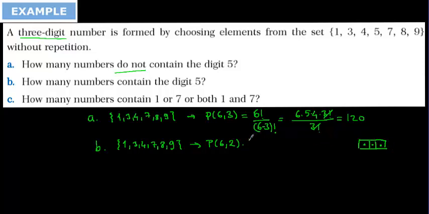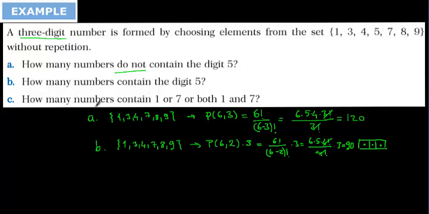So there are 3 different possible cases for the 5. So it's going to be equal to 6 factorial over 6 minus 2 factorial times 3, which is 6 times 5 times 4 factorial over 4 factorial times 3, which is 6 times 5, equal to 30, times 3 is going to be equal to 90 different numbers that contain the digit 5.